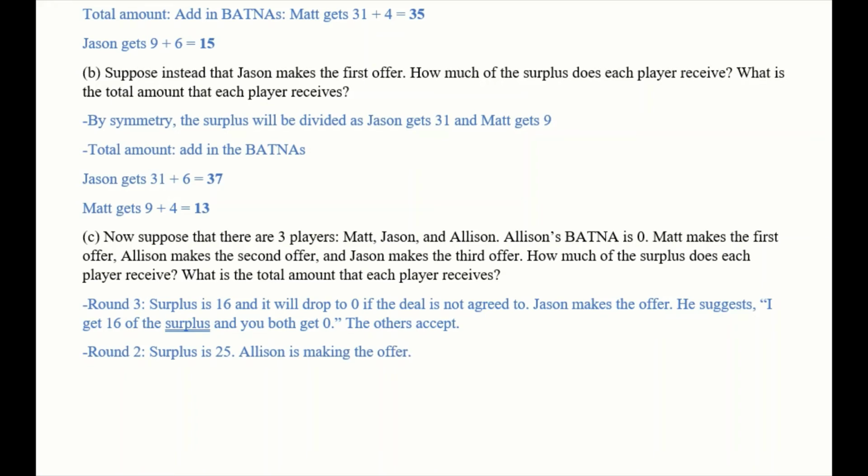So Allison's done her rollback reasoning. She knows that if no deal is reached, then Jason's going to get himself 16 in round 3. I can't get anything, so she doesn't have to offer me anything.